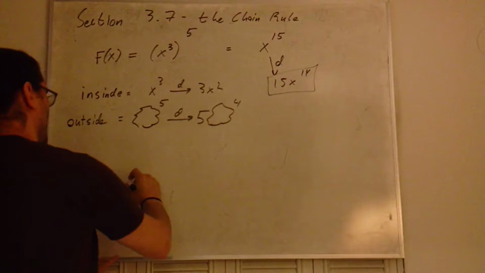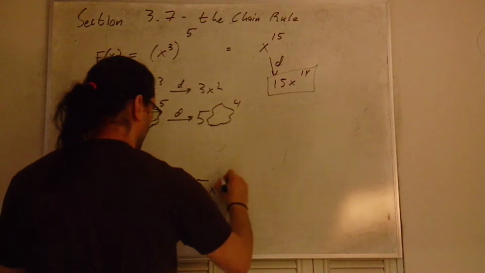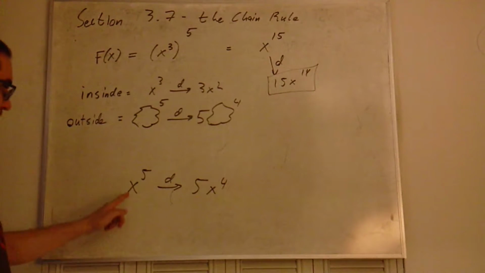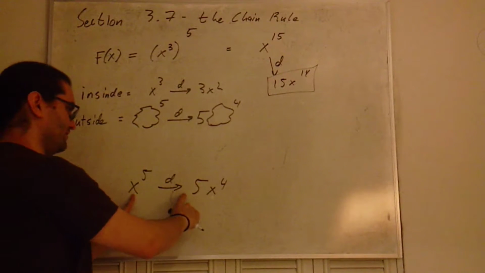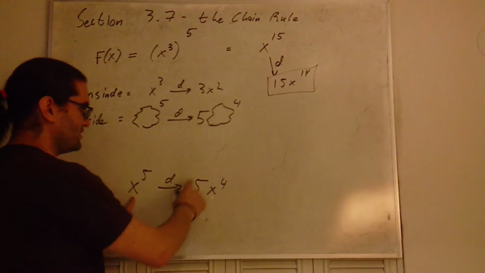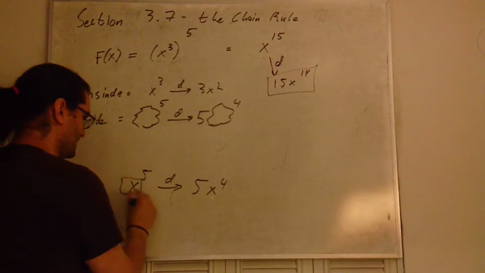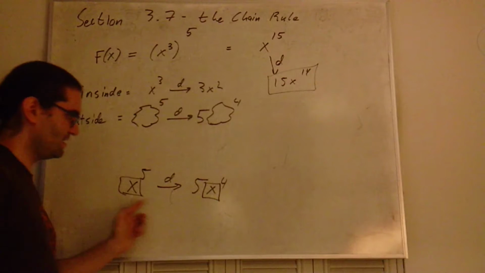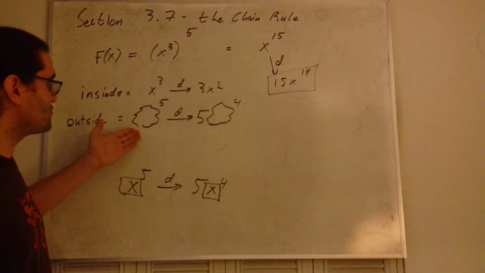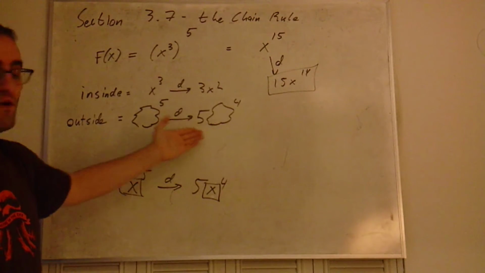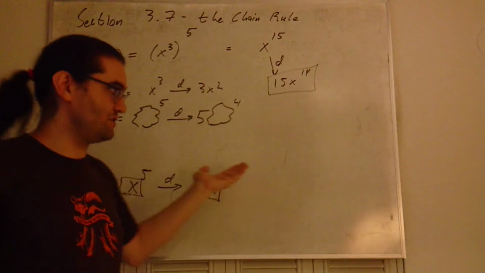If this were an x, this were x to the fifth, the derivative of that would be 5x to the fourth. This x has to be the same as this x. Taking a derivative is changing the coefficient, it's changing the exponent, it's not changing x. This piece hasn't changed. And the same is true of our blob. When we do the chain rule, the blob never changes.